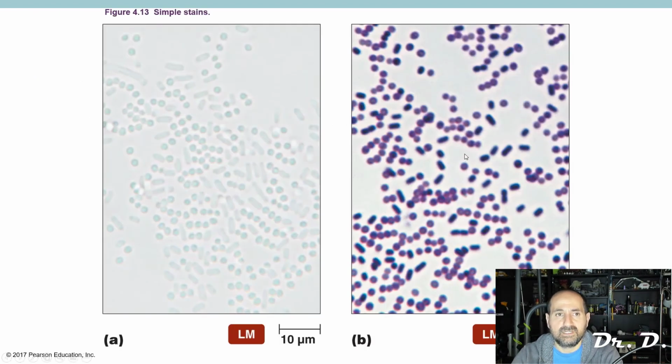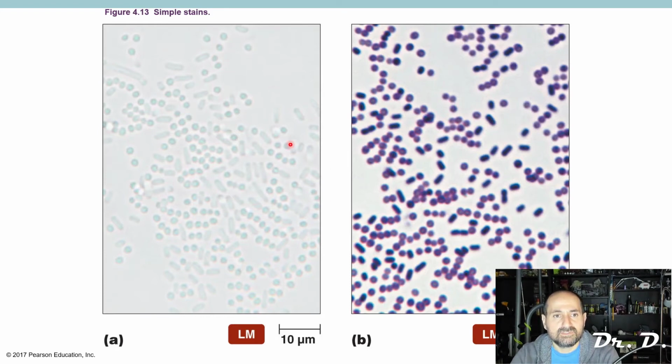So look here. Here are some simple stains. It looks like a methylene blue dye on the left. See how you can see these coccus-shaped cells? And look here, lighter, you can see some bacillus-shaped cells as well. Bacillus cells here, here, here, and coccus-shaped here, here, here, here, here. Great.